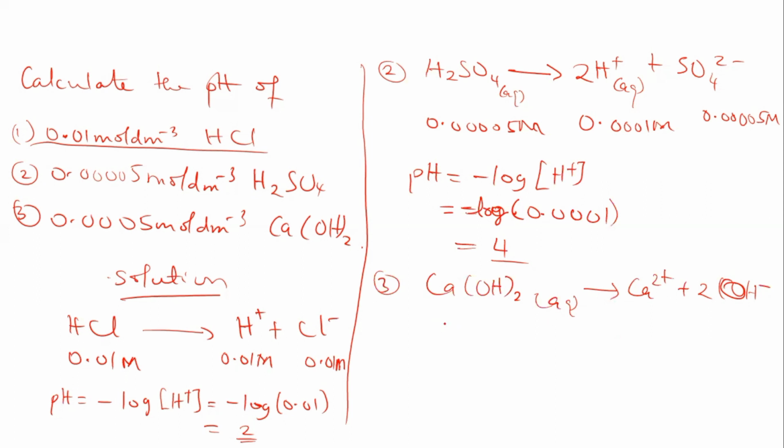So if this is 0.005 mole per dm cube, this one is going to be times 2 of it. I'm sorry, this one is 1, 1, this one is 2, 2. So we have 0.0005 molar, and this one is going to be 0.001 molar.